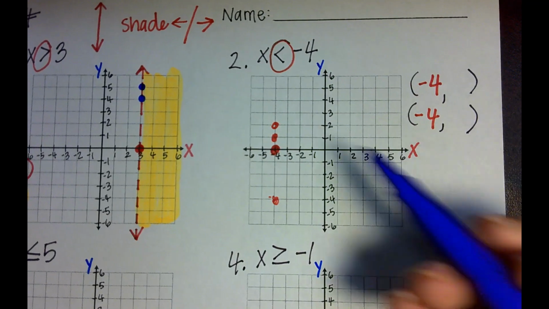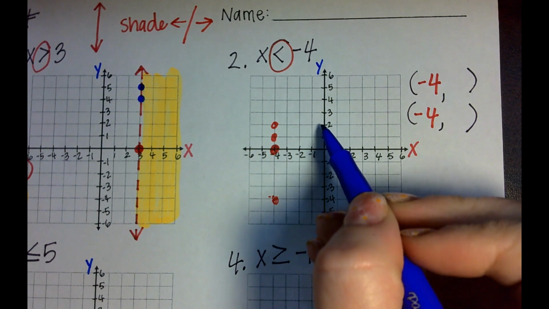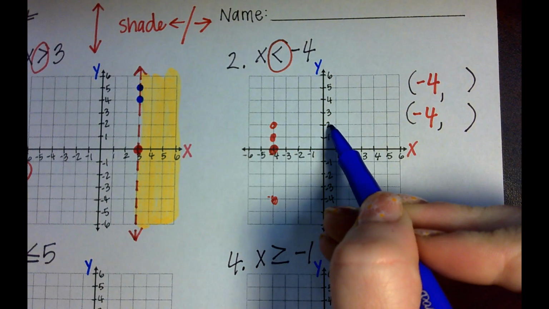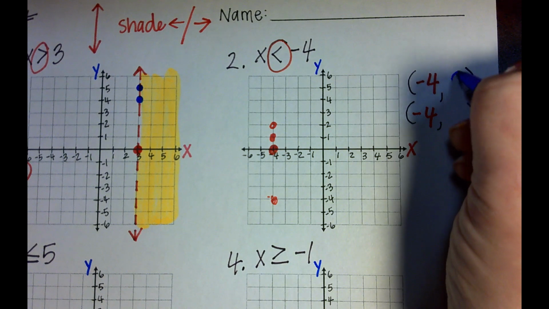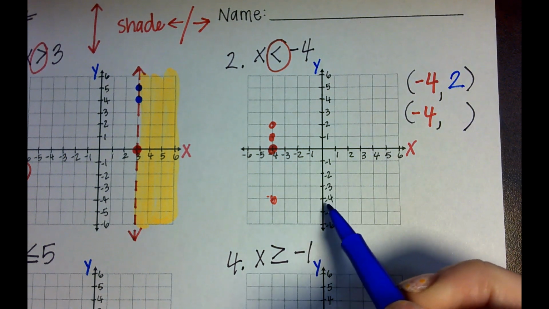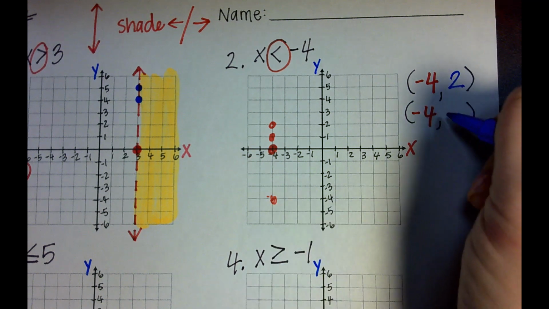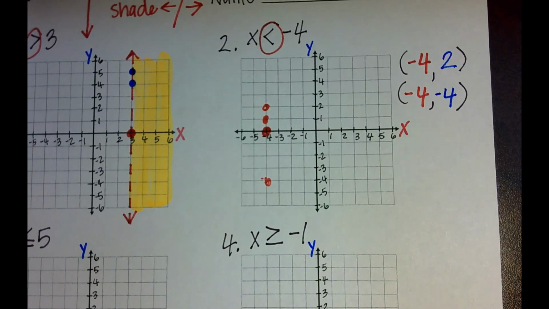For example, on this point right here, I chose 2 for my y. And this point down here, I chose negative 4 for my y. Coordinates are optional. It's a great way to get to having your line drawn, but I do think we'll get to a point where we don't need the coordinates.